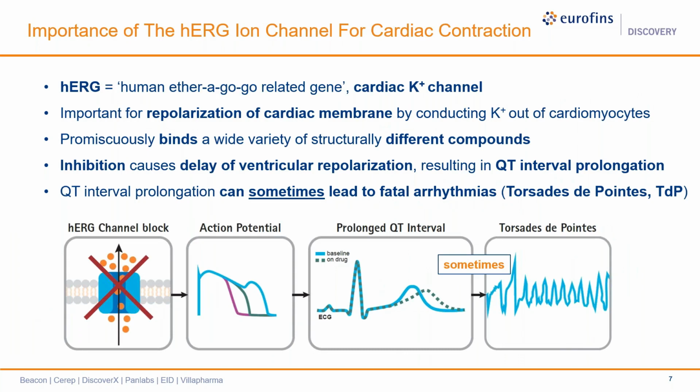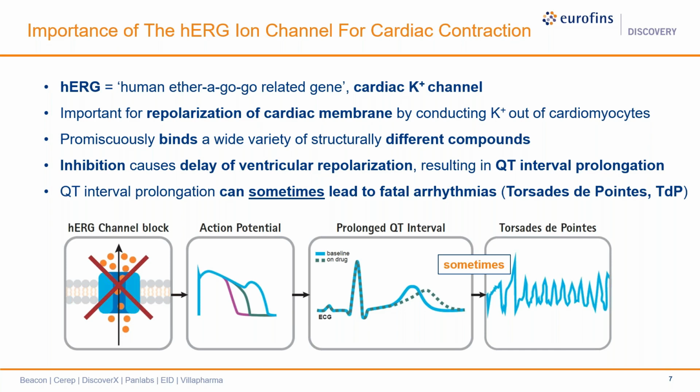And the hERG ion channel is very important for cardiac contraction. hERG stands for human ether-a-go-go related gene, and it is a cardiac potassium channel. It is very important for the repolarization of the cardiac membrane by conducting potassium ions out of the cardiomyocytes.